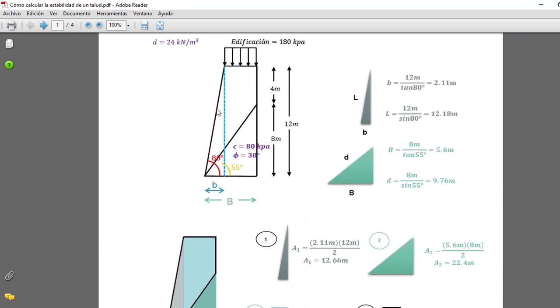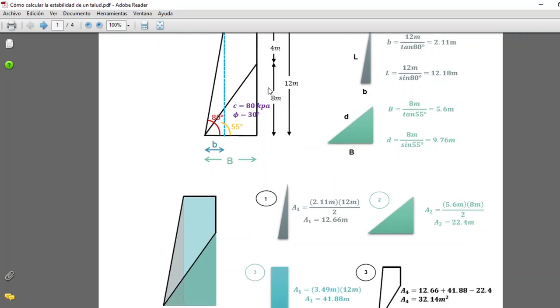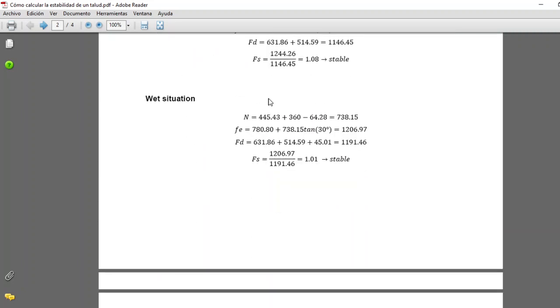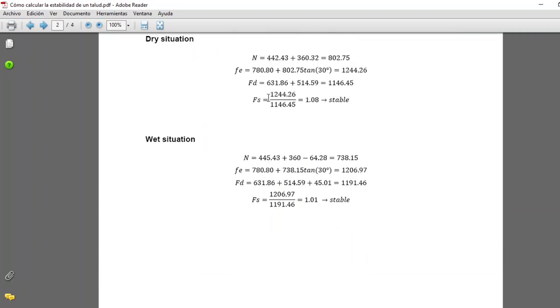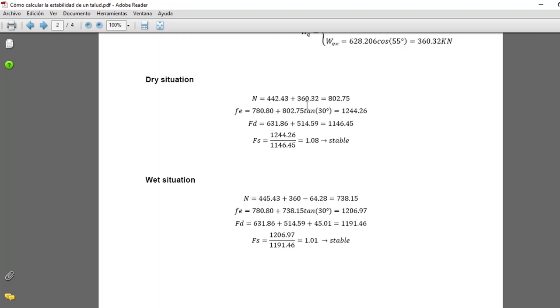For this, we calculate that part, the square of the height, and we have the result 78.44.